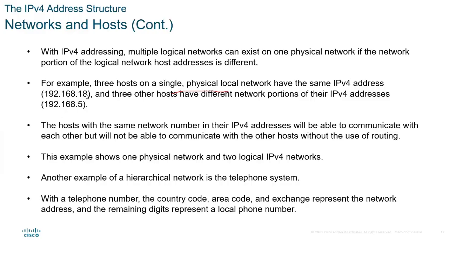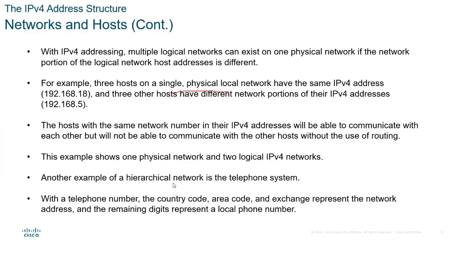This is the network portion for the first network. Oh, that was even 18, not 10. It was 18. Then 192.168.5 is the second network portion. So the example shows one physical network and two logical IP version 4 networks.